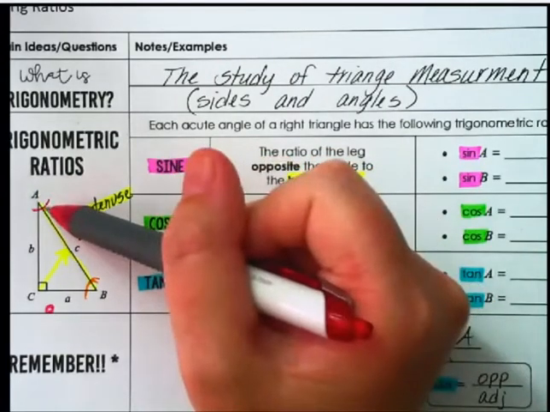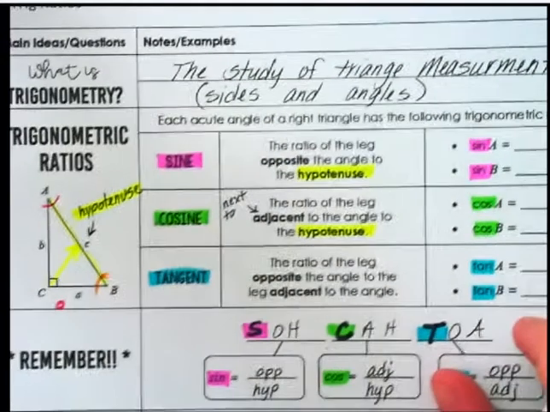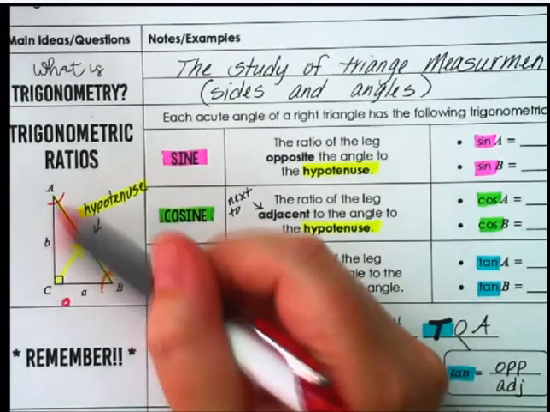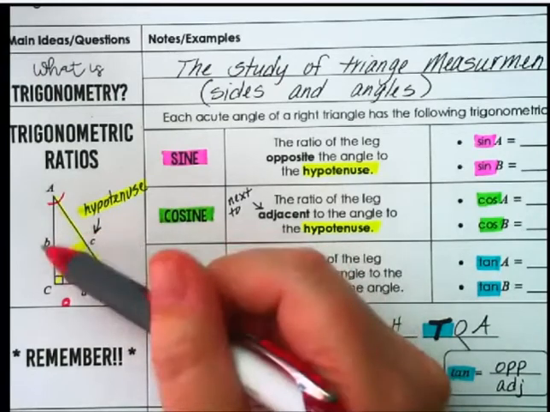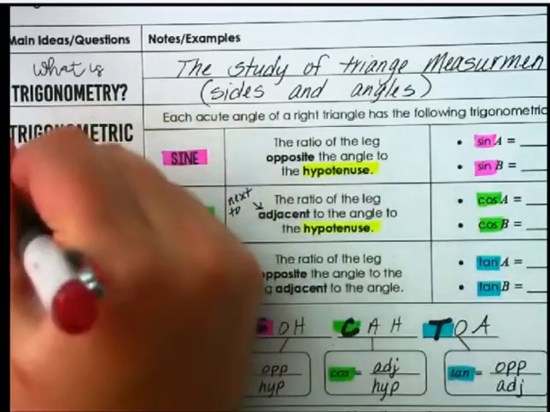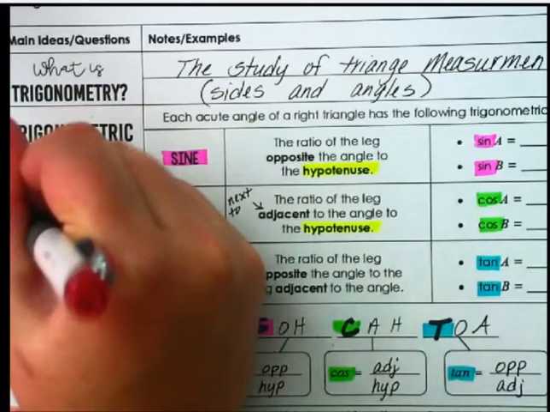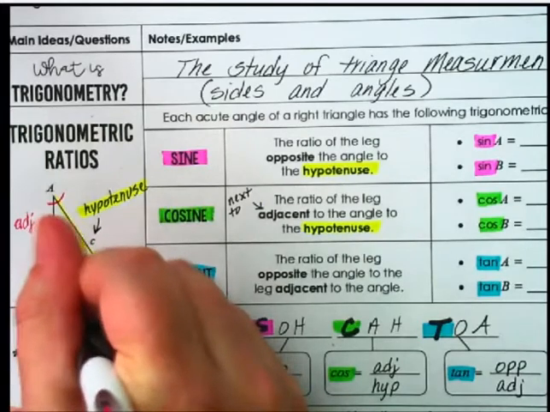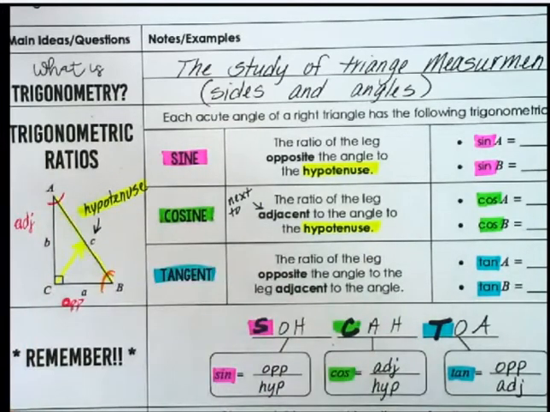And then for angle A, which side is adjacent to it? It is the side touching the angle that's not the hypotenuse, so it's the other leg. This is the adjacent red side. This is the opposite red side.